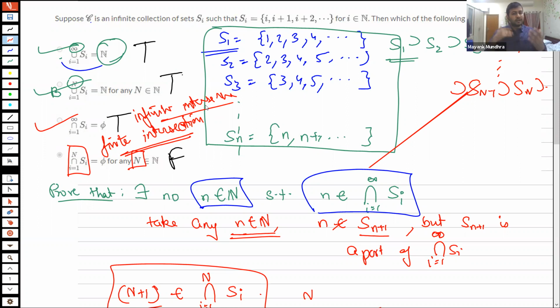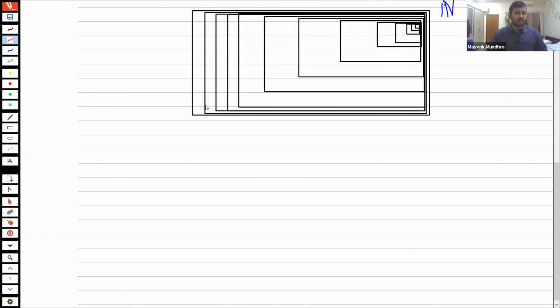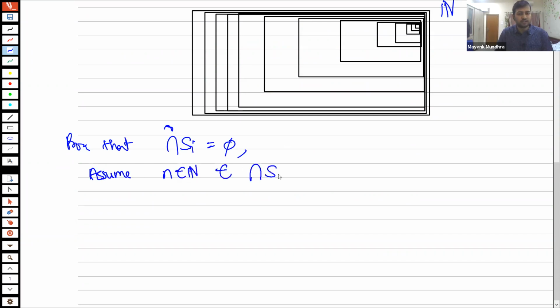The way to build a proof for that is to begin with a proof by contradiction. If you want to prove that the infinite intersection of sets Si is a null set, then start by assuming some natural number n belongs to the infinite intersection of Si, from 1 to infinity.